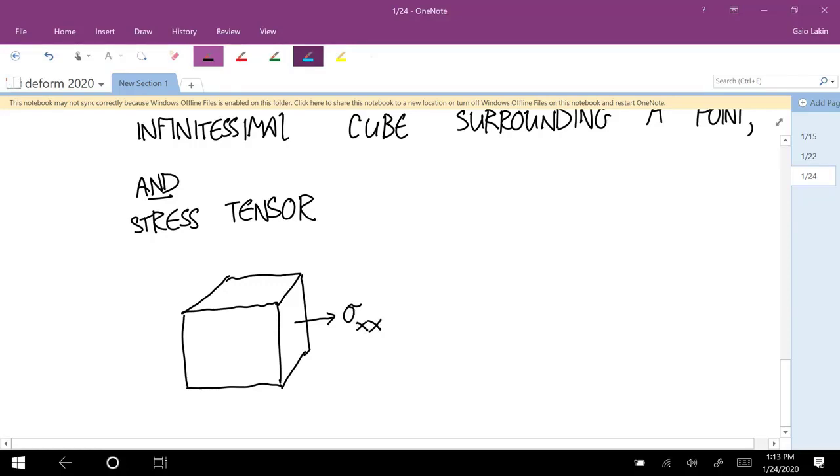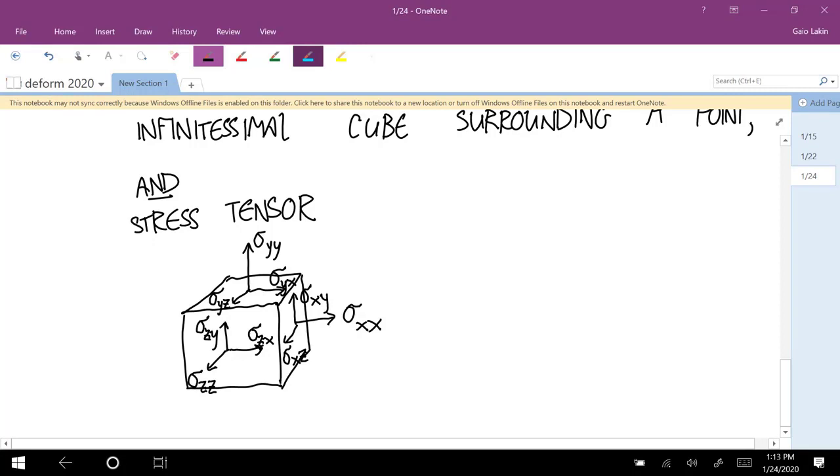This one's called the XX stress, XY, XZ, and then this one is the stress YX, but we know from symmetry that that's equal to XY, sigma YY, sigma YZ, and then on the Z face, we have sigma ZX, sigma ZY, and sigma ZZ.